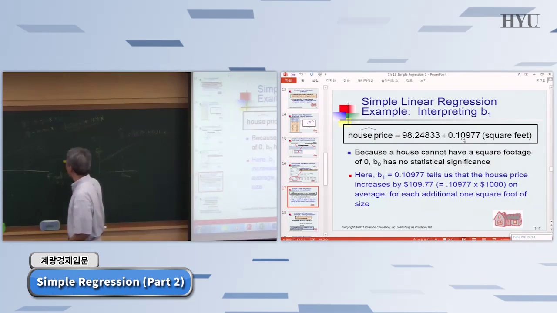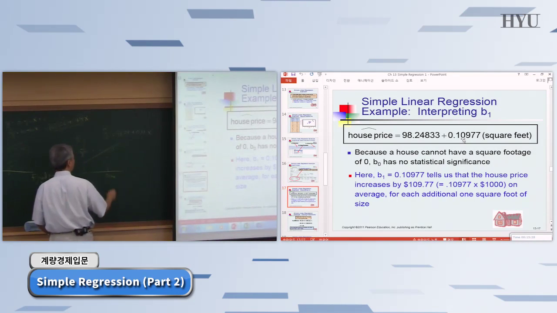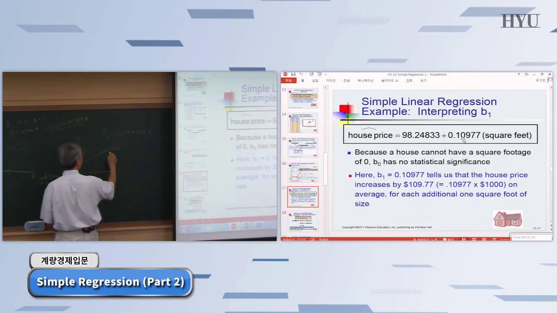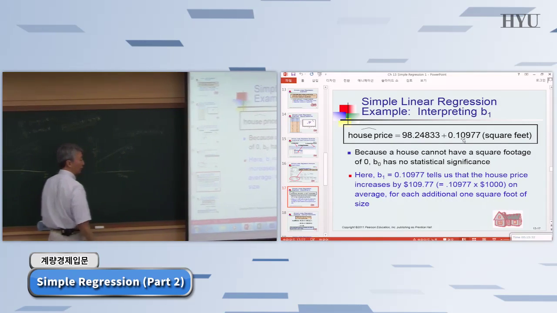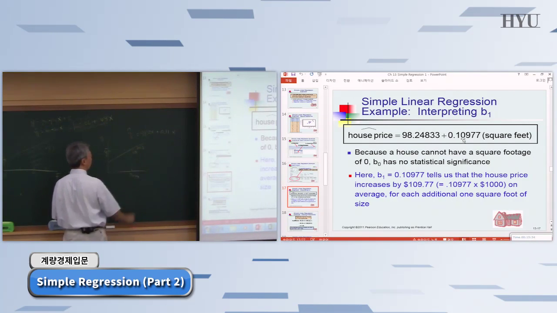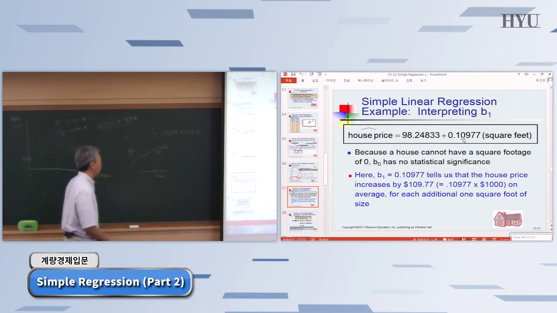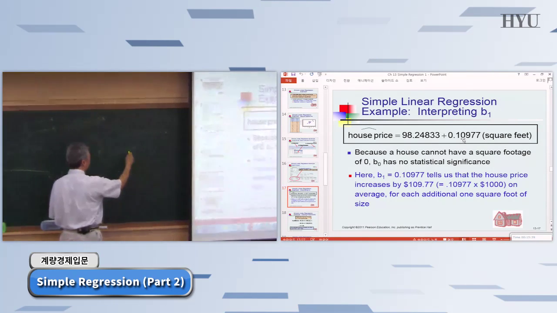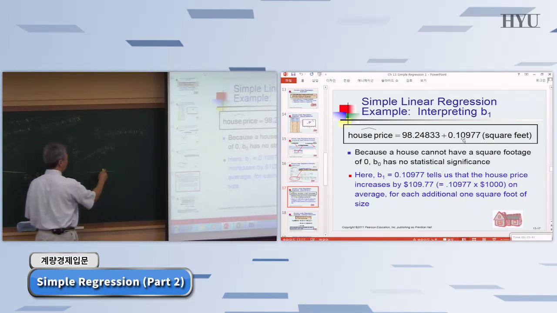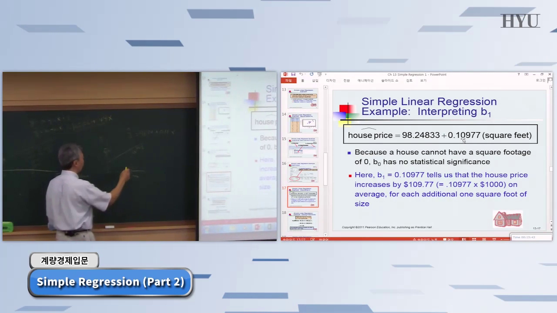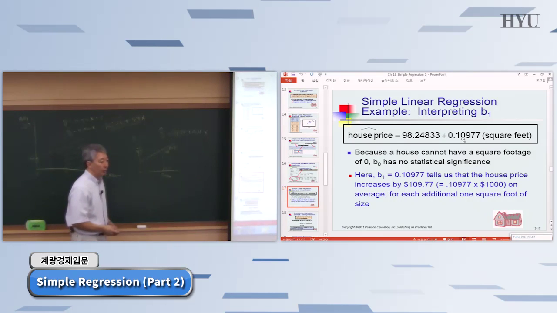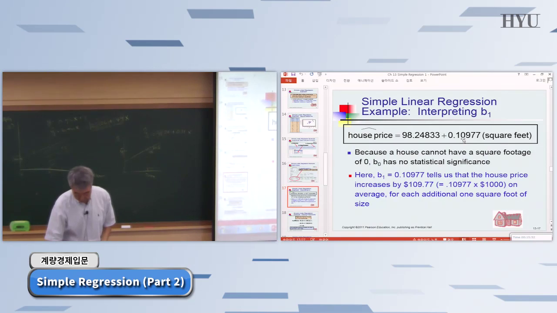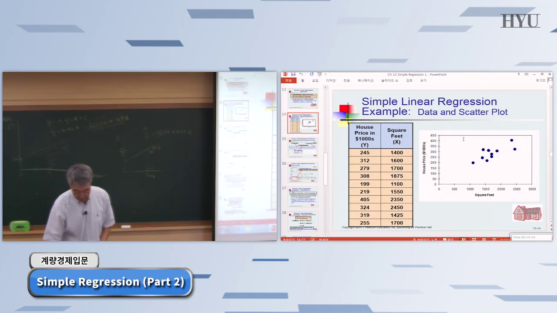The slope of a line is change in y divided by change in x, rise over run. So for each time x increases by a certain unit, let's say 1 unit, y goes up by this much. Here we have measured the x value, if you remember.